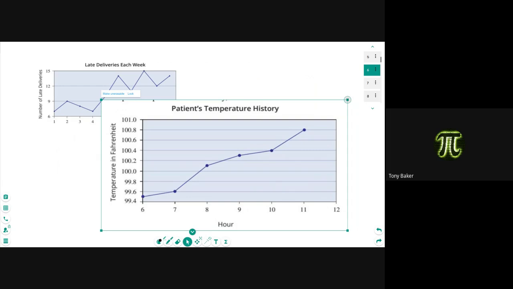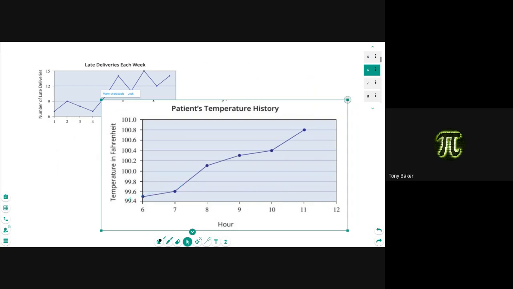Because, which we're going to look at probably not today, there's a difference between discrete variables and continuous variables. Temperature is on a continuous scale. Time is on a continuous scale. So between hours 6 and 7, you did actually pass through every single one of those temperatures.